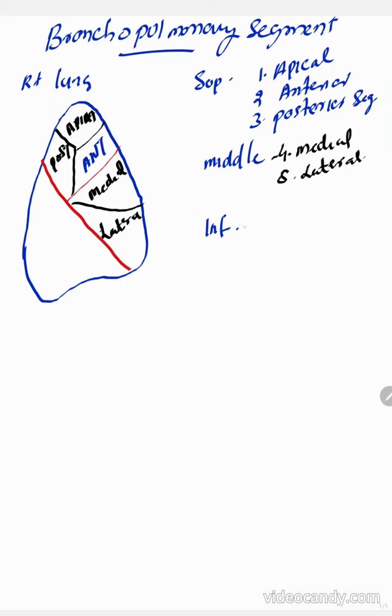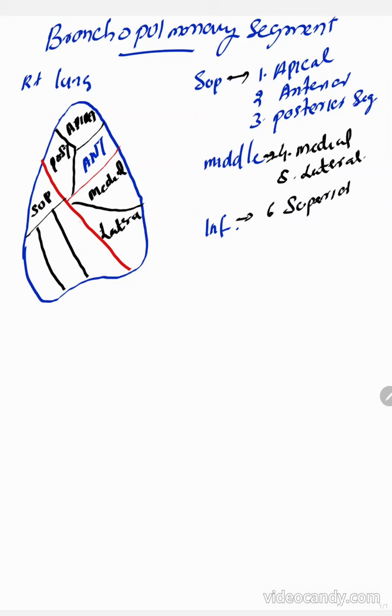Okay, now coming to the inferior lobe. How to draw? Let's make a line over here, like this. Then the lower part has 3. The one which is above is the superior. The sixth one is superior.